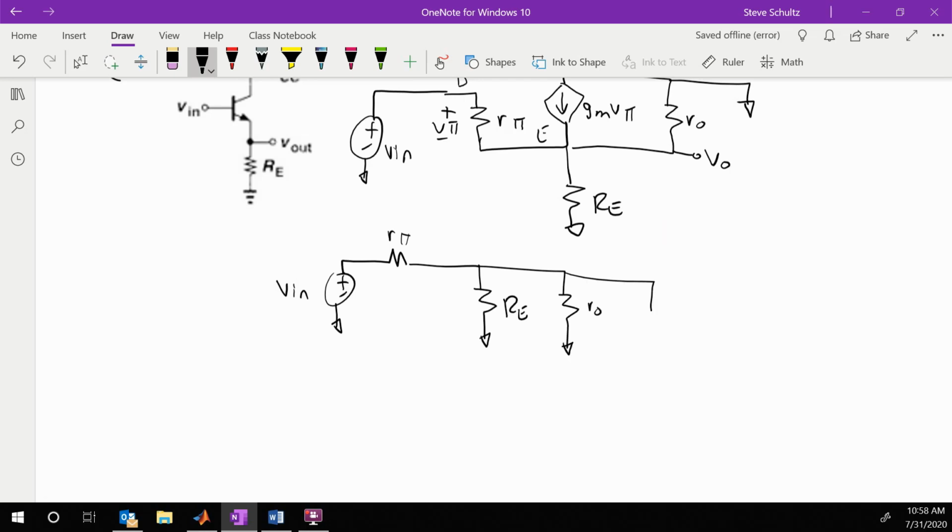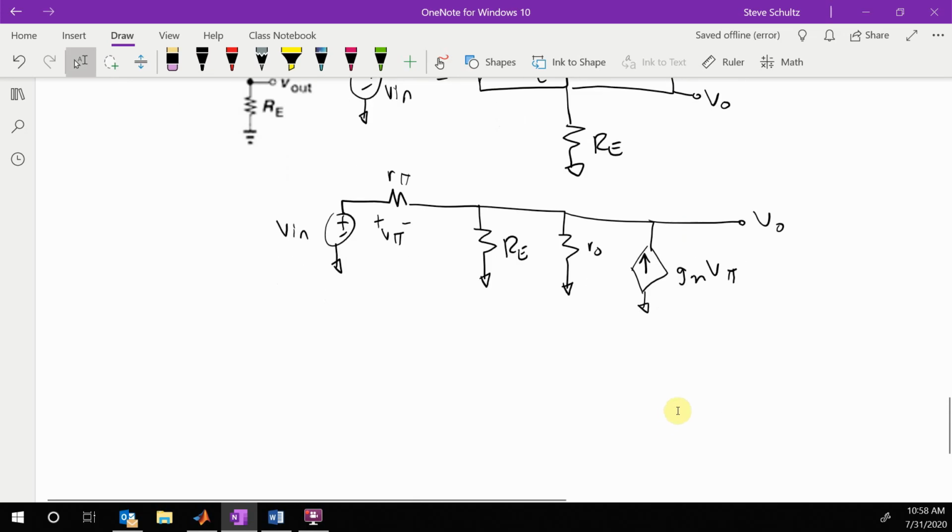We have our current source, which is going away from ground. So that looks like this because we flipped it over. And this is my output right here. So you can see we have everything set up like that. And my V pi is right here.